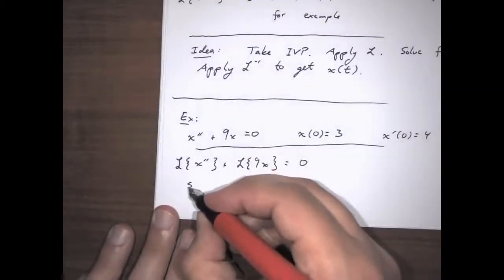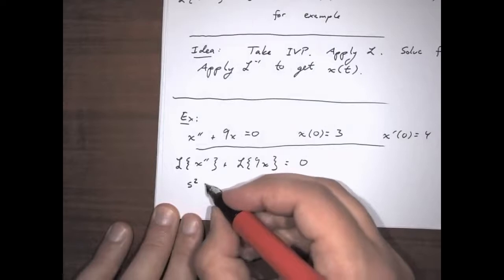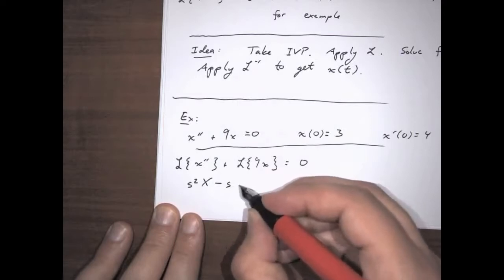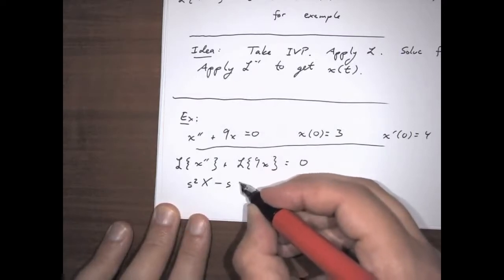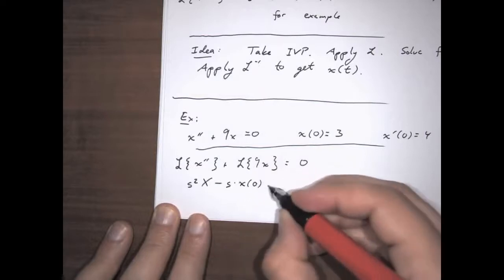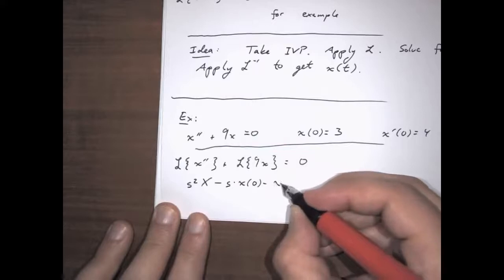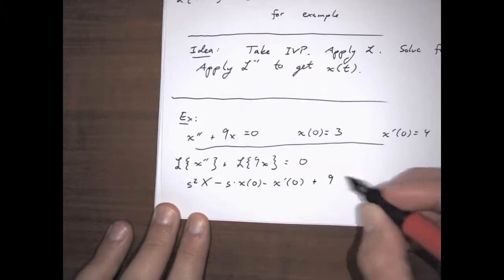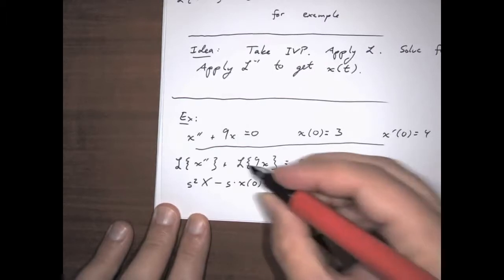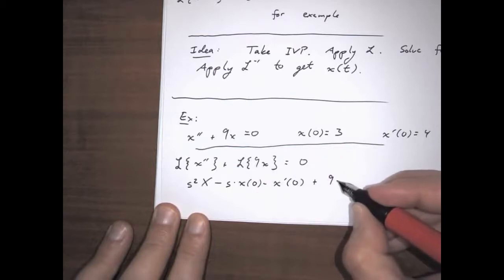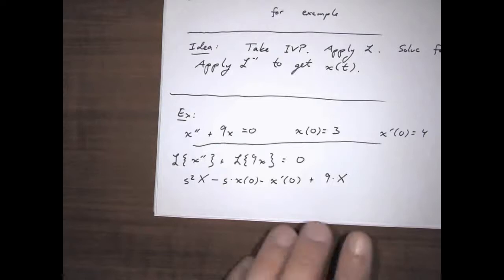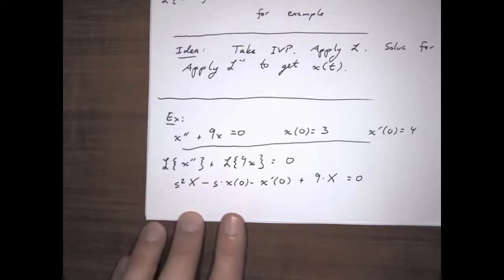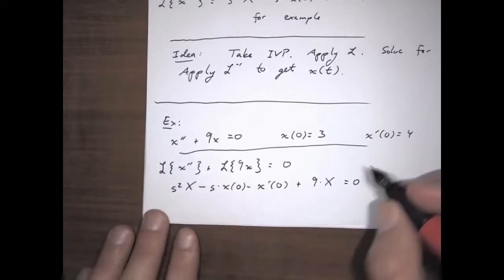And now we just apply what we just found. So second derivative means it's going to be s squared times X minus s times x of 0 minus x prime of 0, plus 9 times, and then here the x is just going to be X. Alright, and now our goal at this point is to solve this for X and also plug in the numbers.